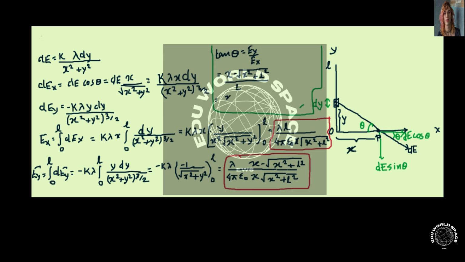So let's separate the fractions here: x by L minus root under 1 plus x by L squared, right? Now when length L goes to infinity, x by infinity is 0, so that will give me minus 1.